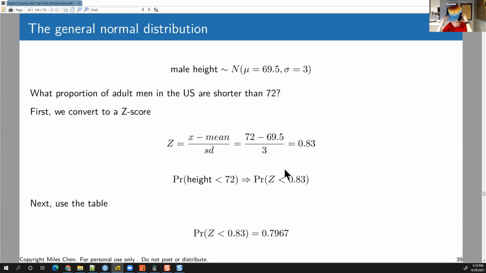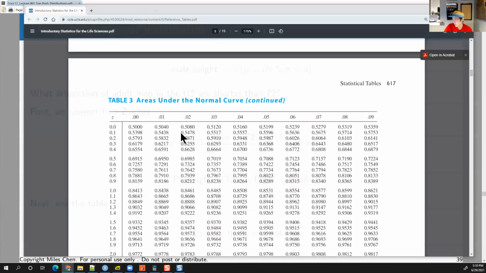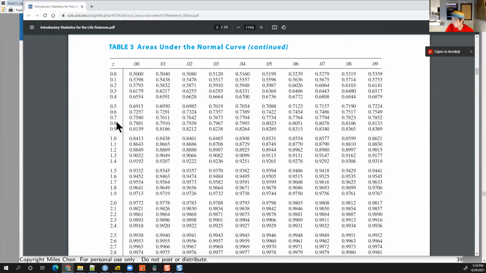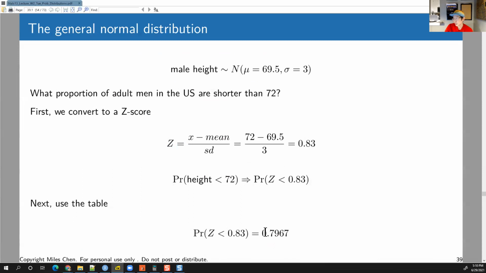Now that I have a z-score, I just go to the z table. I look up z equal to 0.83. I go to the row 0.8, the column 0.3, and I get 0.7967. And that's going to be my answer.